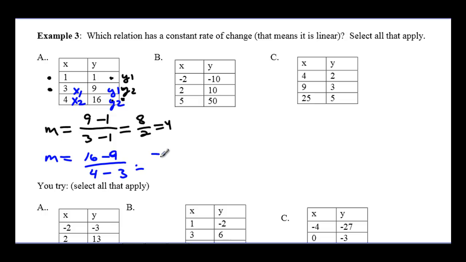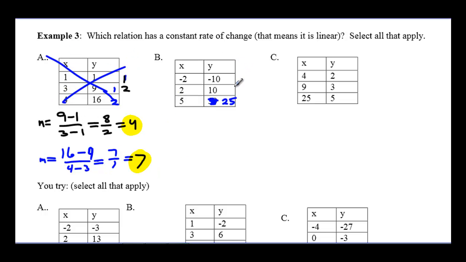I do my subtraction and get 7 over 1, so my slope is 7. To have a constant rate of change, the slope needs to be the same, because constant means it doesn't change. Well, it changed from 4 to 7, so this one does not have a constant rate of change. For B there's a typo.